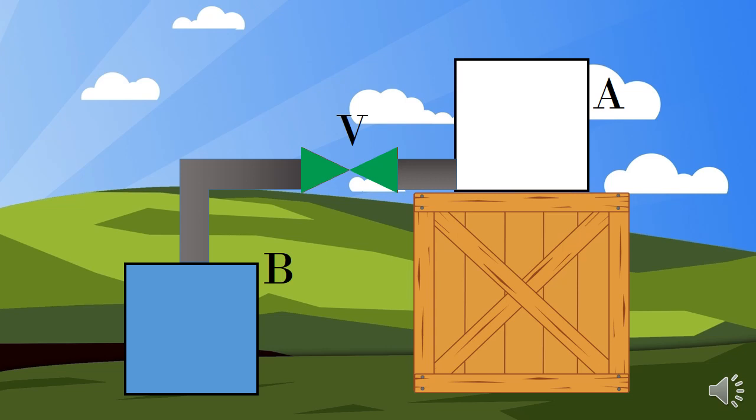Friends, this is because tank A is at a much greater height than tank B. And we say that tank A has a larger potential than tank B. In this case, water is flowing from the tank at higher potential to the tank at lower potential.